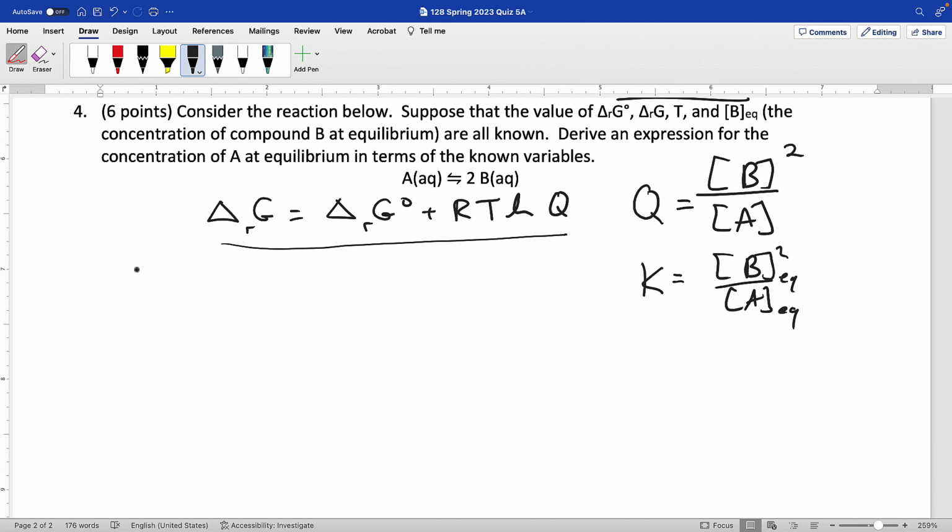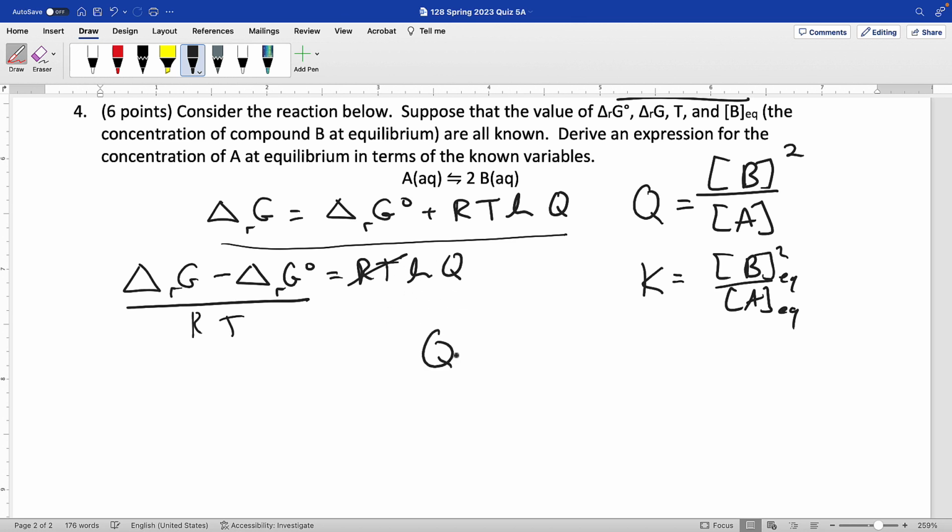You would say delta G minus delta G standard is equal to RT log of Q, and we're trying to solve for Q. Then we could divide both sides by RT, and take the exponential of both sides to solve for Q. I know that Q is equal to the concentration of B squared over A at any time, including equilibrium.